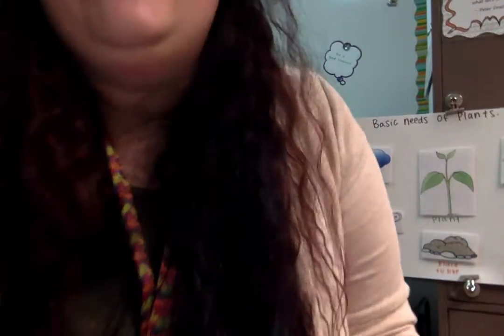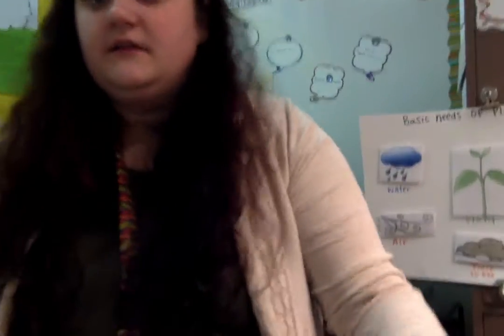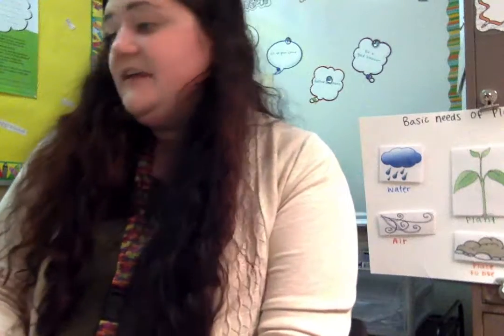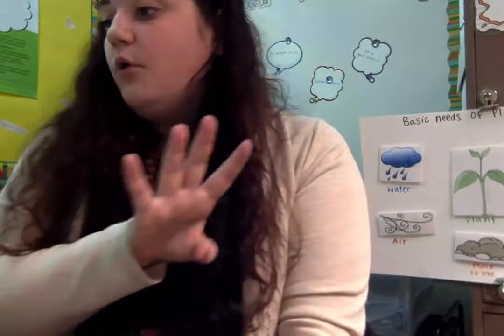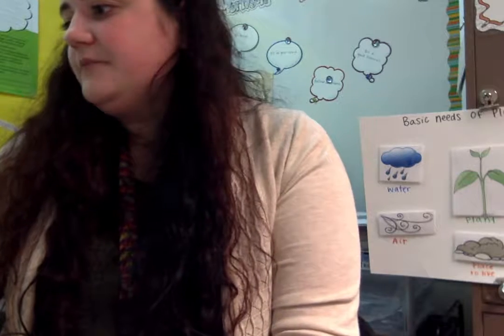Now, let's go ahead and talk about what you will get to do on your own with all of this information. You have 3 choices that you're able to do. Number 1 is I have several different books that you guys are allowed to look at in a bin in the back of the room. There are 4 different books that you can take a look at.